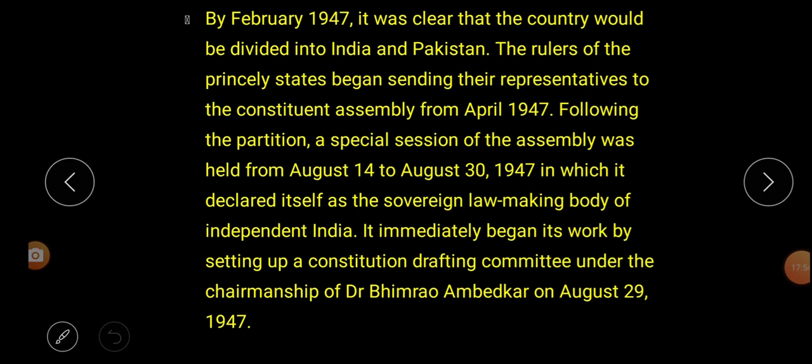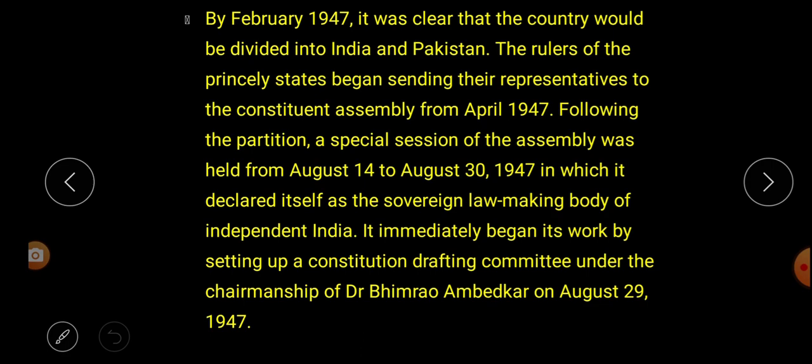Next paragraph. By February 1947, it was clear that the country would be divided into India and Pakistan. Listen carefully. By February 1947, it was clear that the country would be divided into two, India and Pakistan.